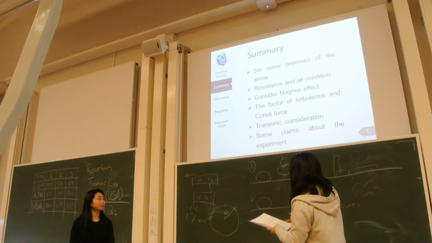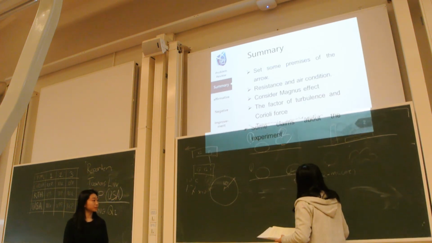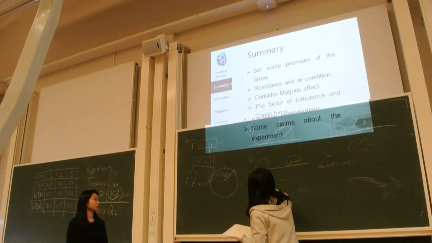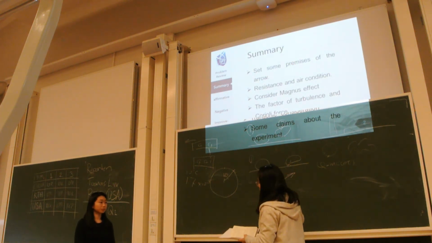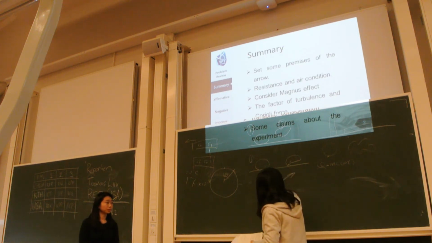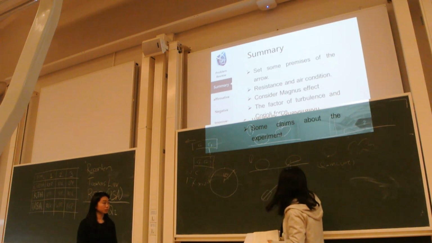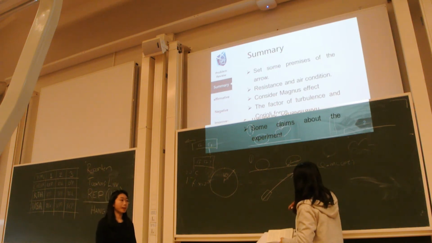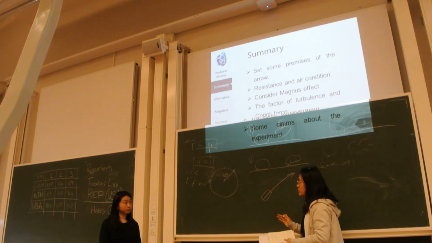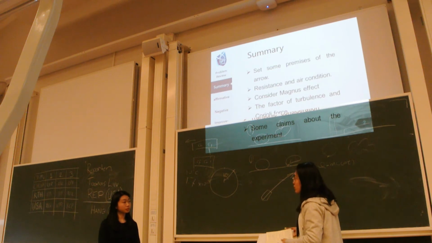Okay, and another parameter: if the object is an arrow, so this is the head and this is the tail. I think you didn't consider the mass distribution.